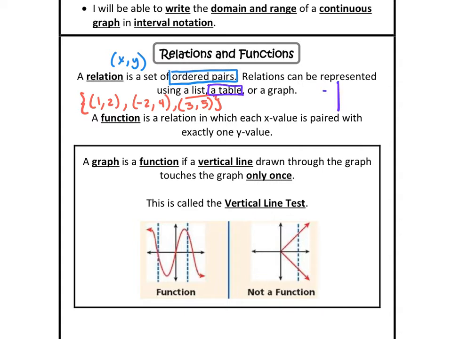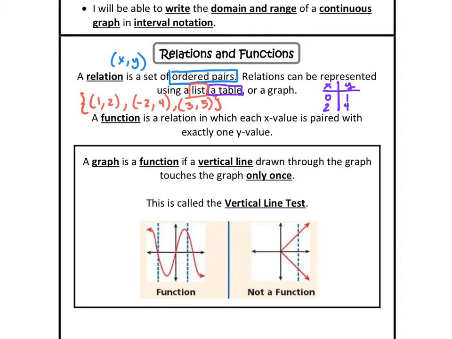A table, you might have x and y, and you have 0, 1, 2, 4. So these are different ways that ordered pairs can appear. Sometimes we might see them in a list format, a table, and of course a graph, with the x and the y-axis. We should be familiar with looking at relations that are in a list format or a table format or graph.